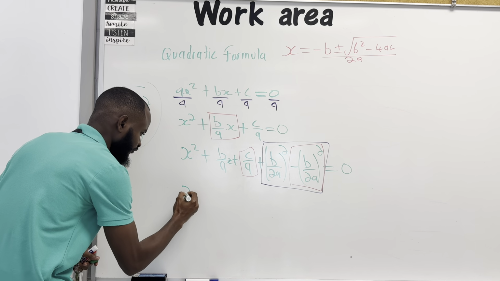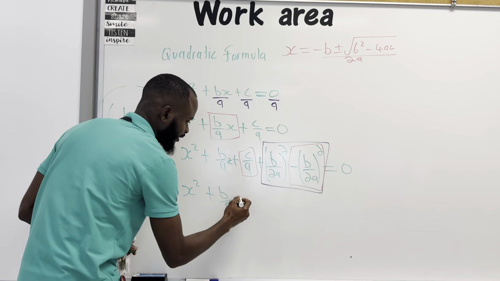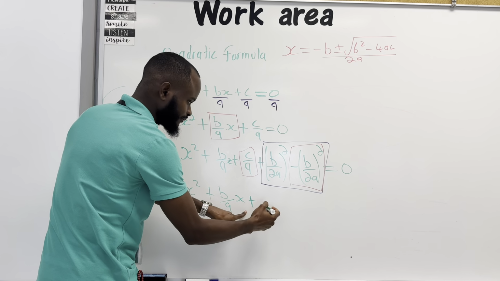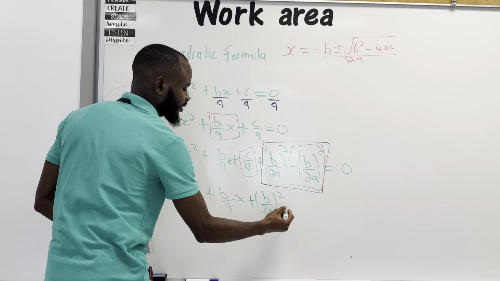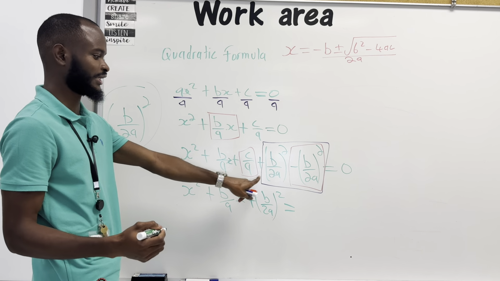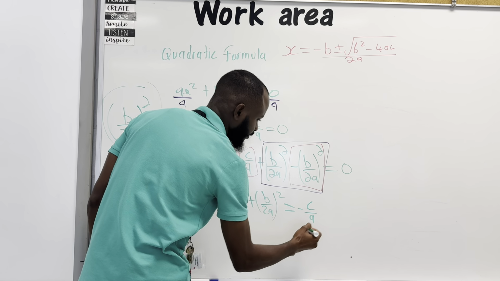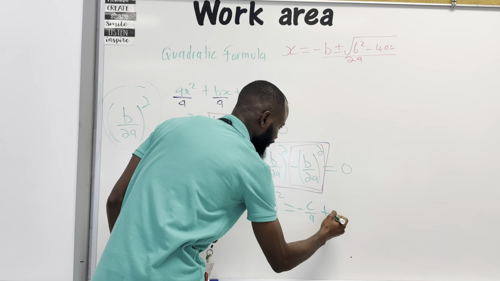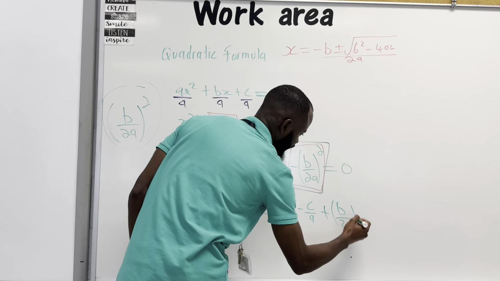So we're going to have x squared plus b over a x plus b over 2a all squared equals, remember we're moving that to that side, which is negative c over a, and we're moving this to that side, so we're going to add b over 2a all squared.